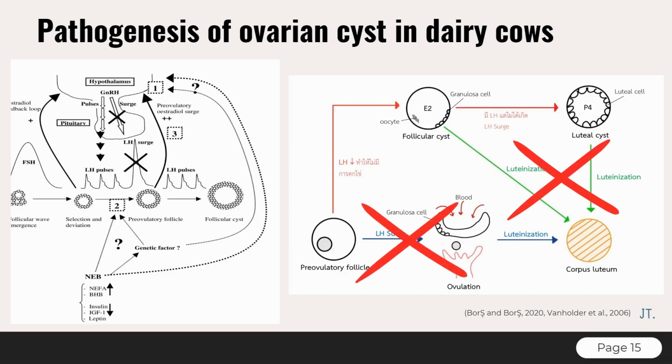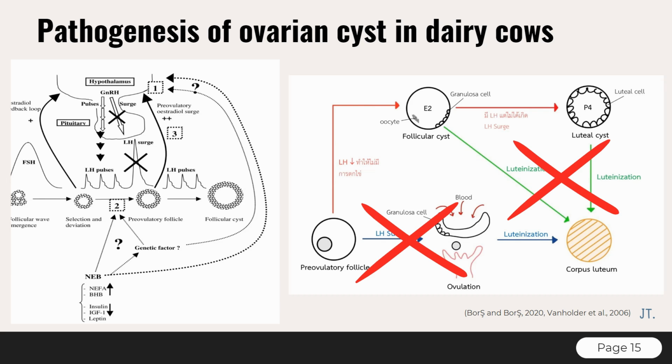The pathogenesis of ovarian cyst in dairy cows involves the hypothalamic pituitary gonadal axis and luteinizing hormone. The hypothalamus secretes GnRH for stimulation of the pituitary gland.